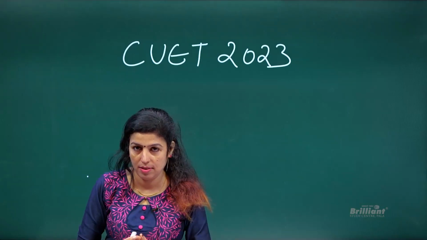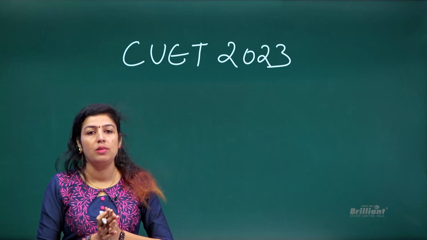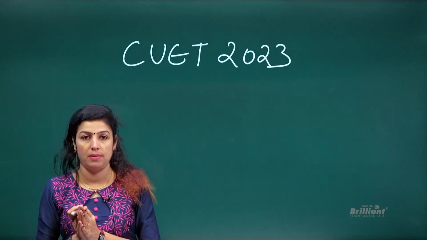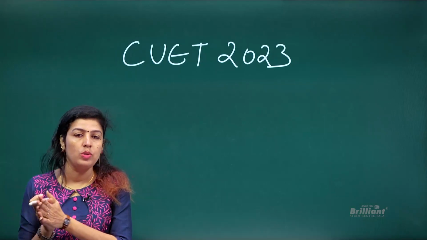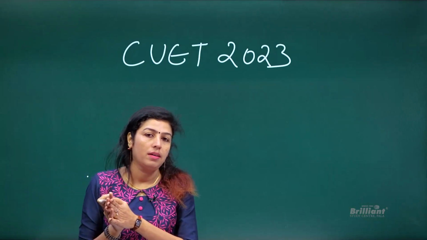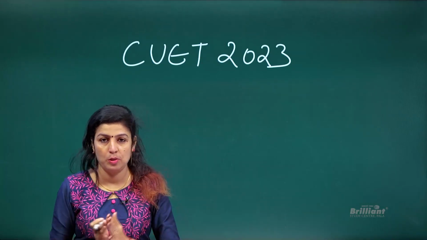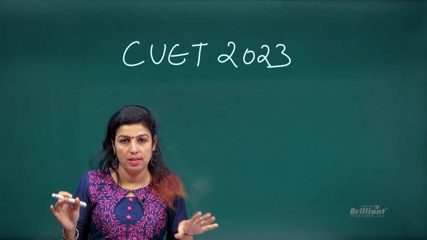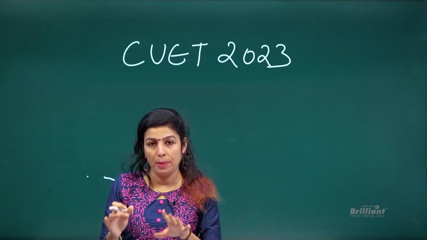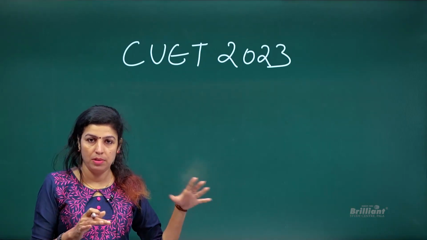But with English, you don't have to memorize many things. Of course, a few things like grammatical rules are to be memorized, but compared to other subjects, there's not much to learn. It's all about how well you understand this language and how well you practice it. That is how you can prepare for the English exam. This is what I feel.